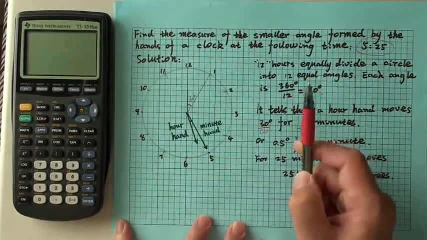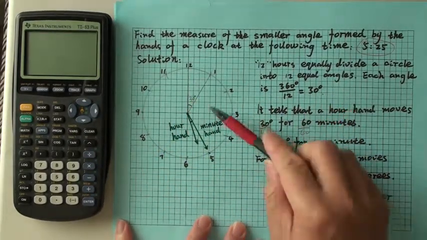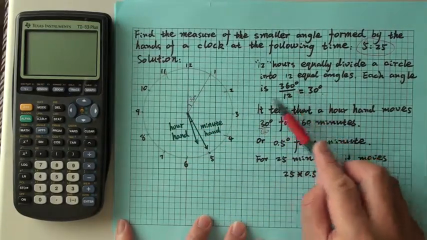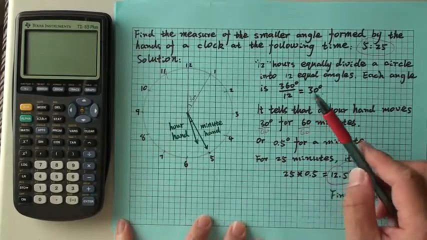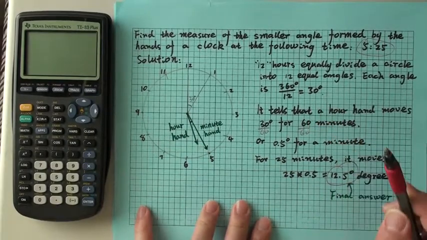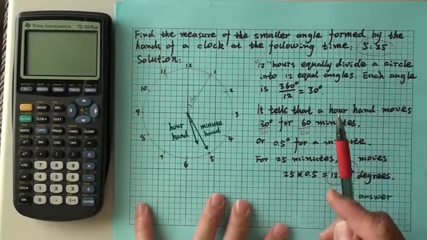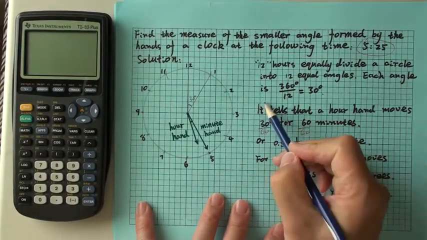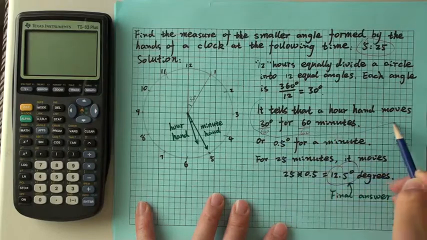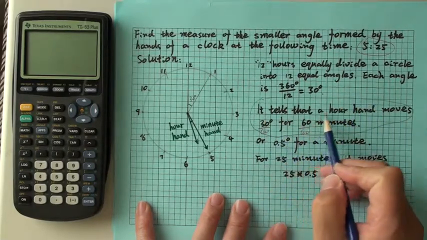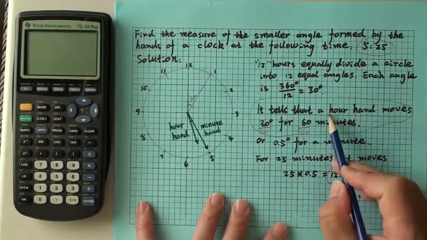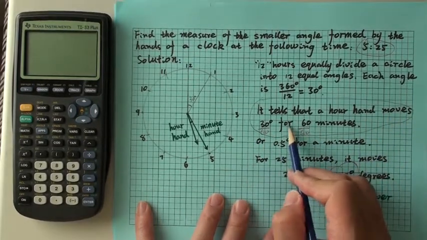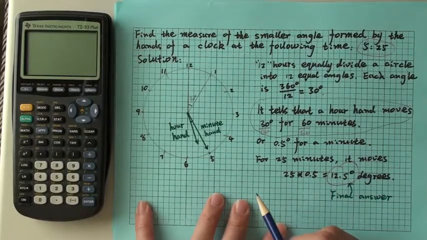But for the minute hand it is different. It goes 60 minutes, and that's 360 degrees. So we want to be clear about this very important fact: an hour hand moves 30 degrees for every 60 minutes.